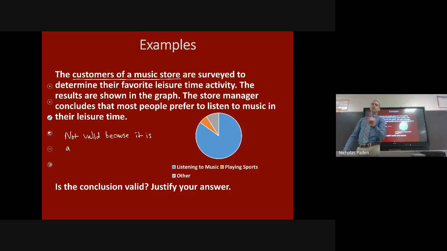It's either a convenience sample or it is a voluntary response. This one would be a convenience sample because the store manager only asks people who are in his store. That's convenient for him. That's like me asking just my first period class because that's what I'm teaching right now. So it's not valid because this is a convenience sample. He only asked who was convenient to him. Okay, it's a convenience sample, which is not random.